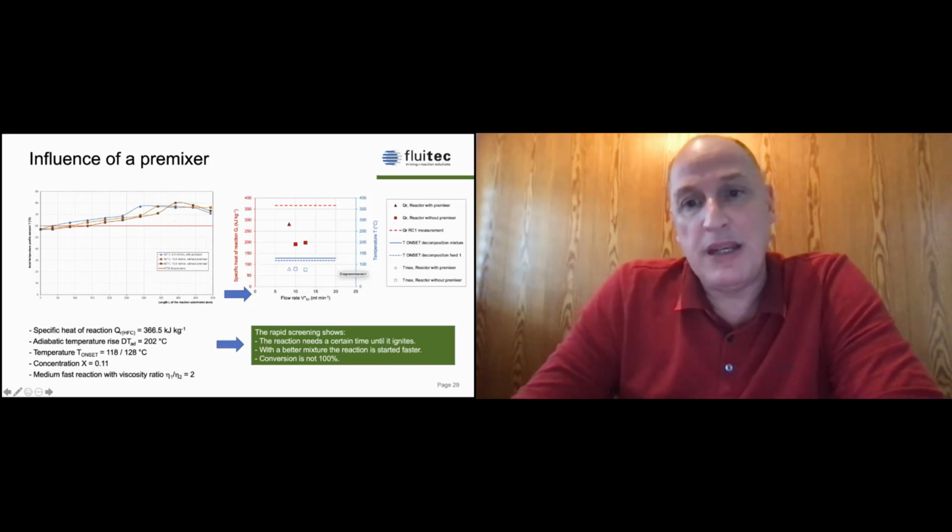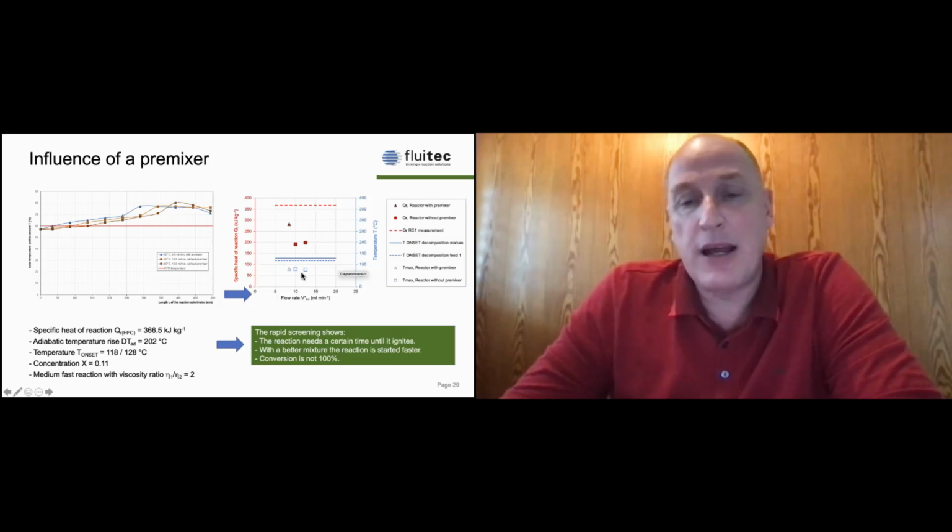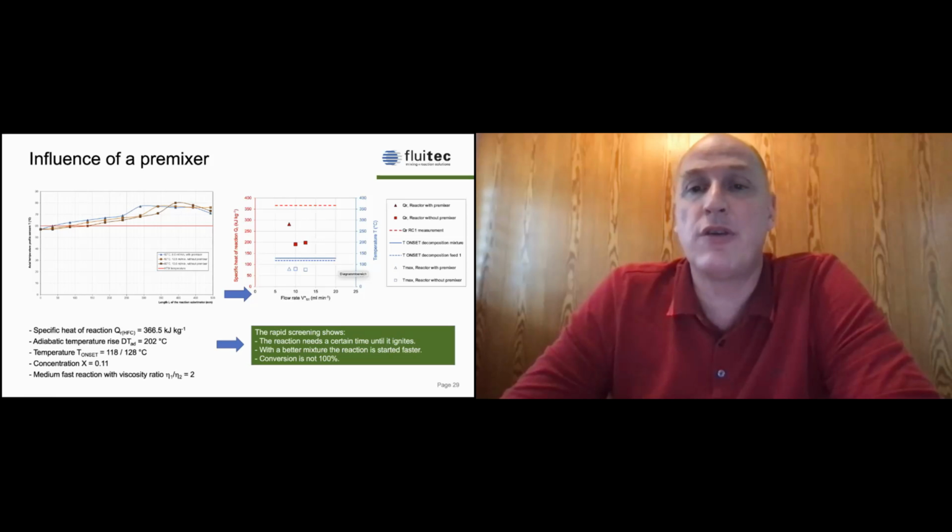So what does that mean in the analysis of our diagram? You see all three temperatures are below T onset, so we do not expect any side reactions. These are the two curves, the orange and the brown one. So we have a specific heat. We know we have not full conversion. This is really good to see, that the peak in the diagram is very near the end of the reactor.